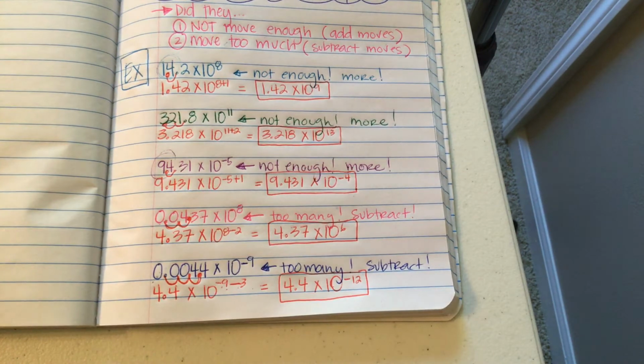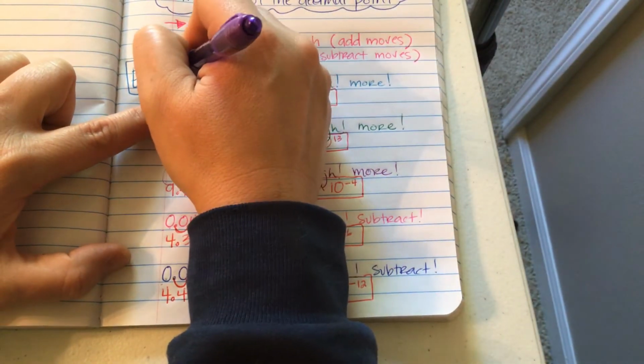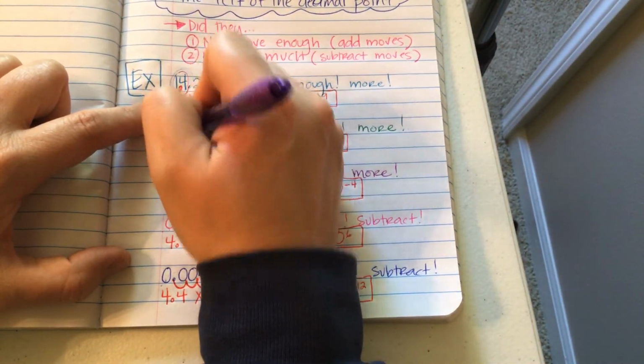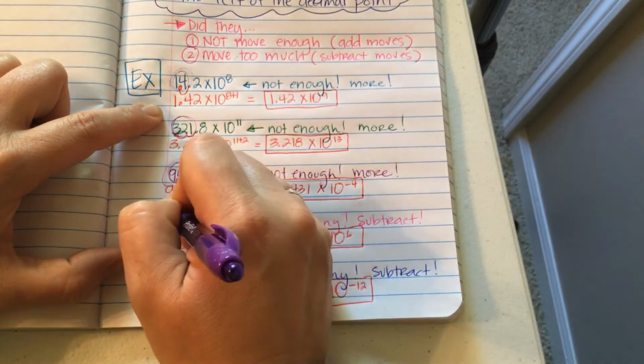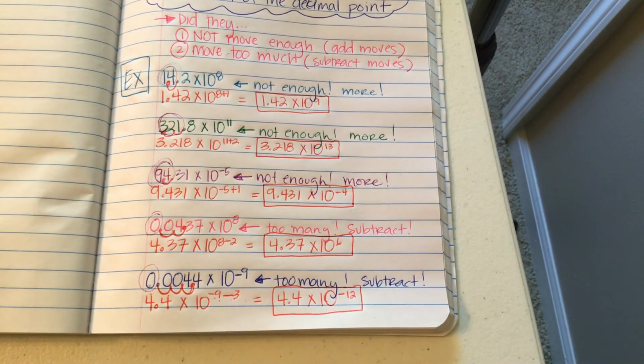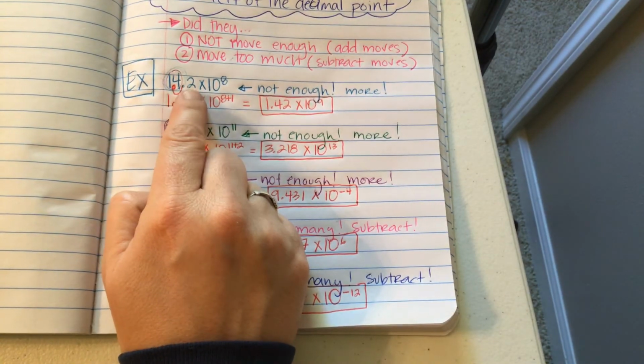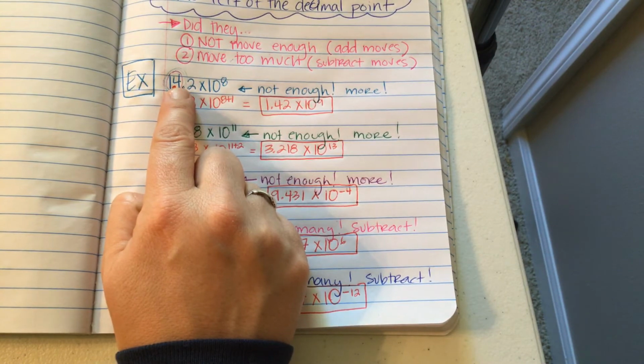So the key is to remember that the piece in front of your decimal, to the left of your decimal, has to be a one-digit non-zero number. And all of these 5 examples were wrong. So I had to fix them. In this first example, I had a 2-digit number to the left of my decimal.